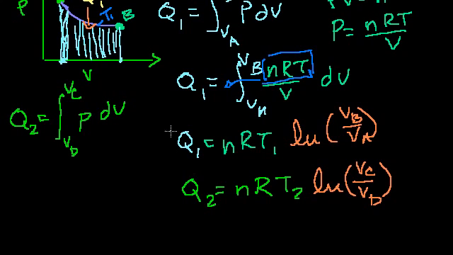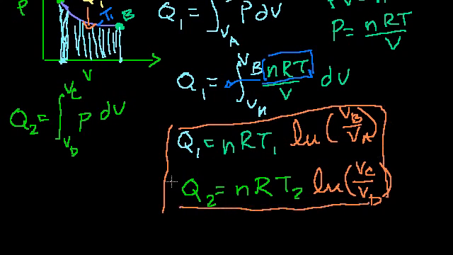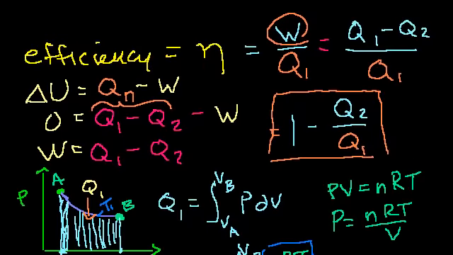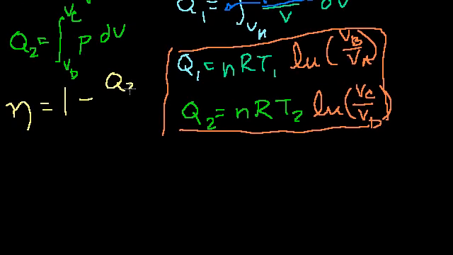Now, let's use these two pieces of information and substitute them back into that result for efficiency we just got. We just learned that we could also write the efficiency of an engine to be equal to 1 minus Q2 over Q1. Let's look back at it. 1 minus Q2 over Q1. So let's substitute Q2 there and Q1 over here. And what do you get?